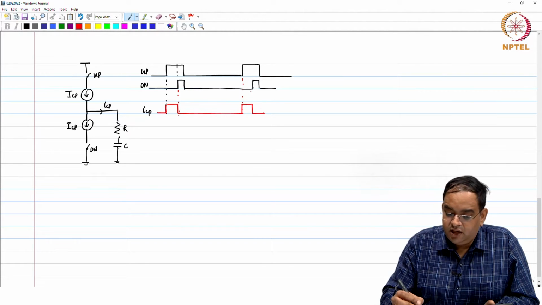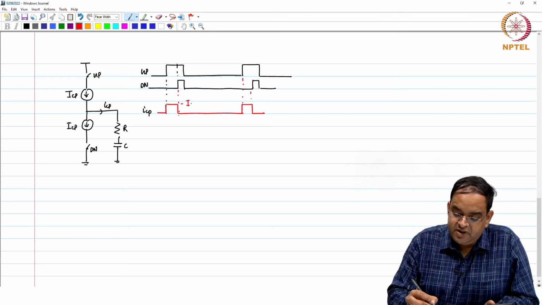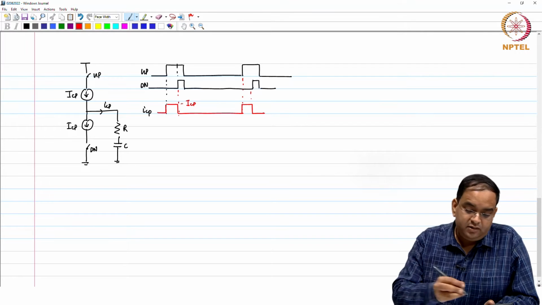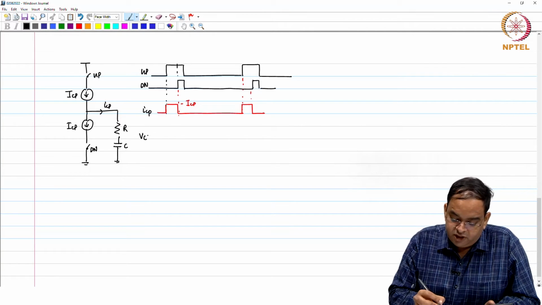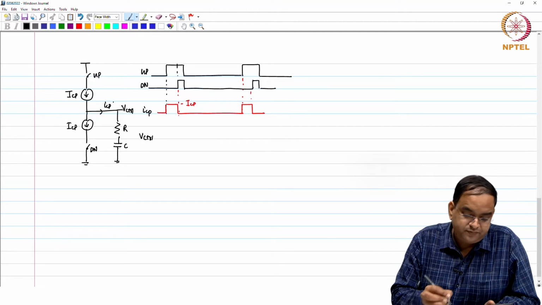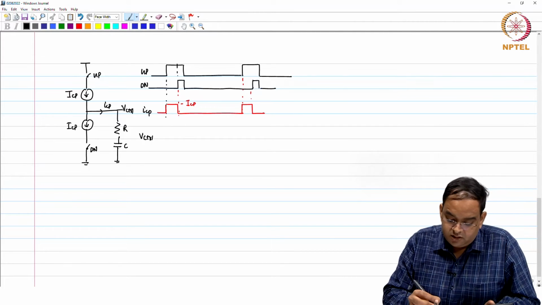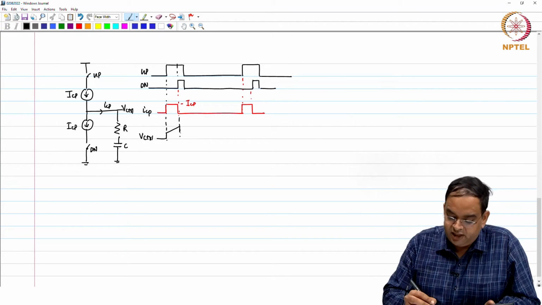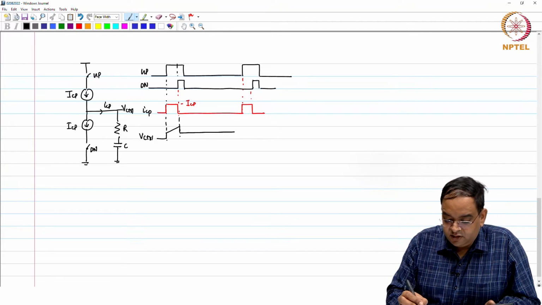Okay. Now, when this particular ICP current is pumped into the loop filter, earlier we drew the control voltage. This voltage is, by the way, the control voltage. The control voltage happens to be like this, a jump, integration, and jump like this, and then comes back. Okay.